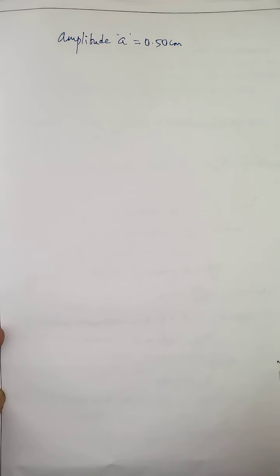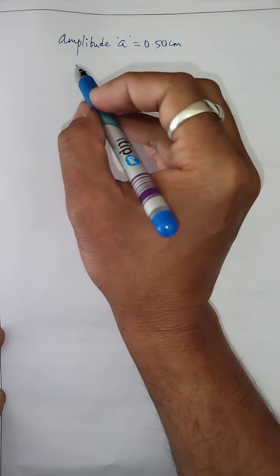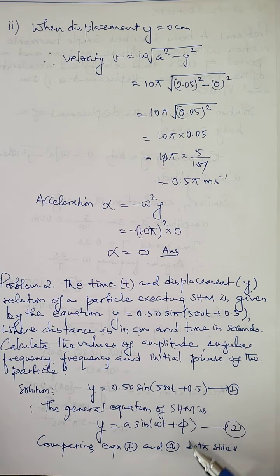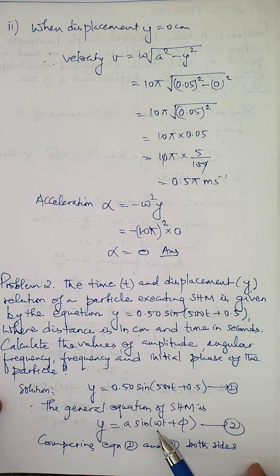Now after calculating the amplitude, we have to find the angular frequency. If you compare equation 1 and 2, sine and sine are the same, t and t are the same. Now this 500 is equal to omega, and you know omega is the symbol of angular frequency.